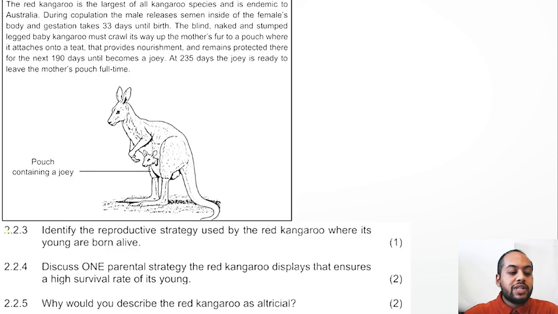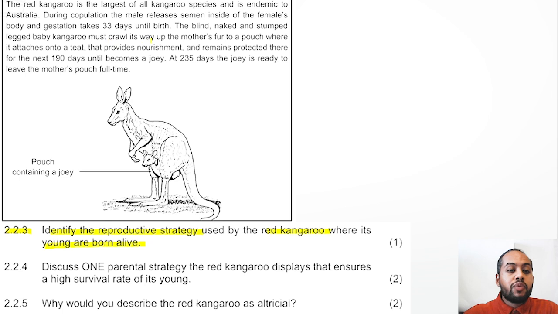Question 2.2.3 says identify the reproductive strategy used by the red kangaroo where its young are born alive. There are 3 reproductive strategies. It's either oviparity, viviparity, or ovoviviparity. So we are going to look at how this baby kangaroo is actually going to be growing, and where the growth is going to take place.